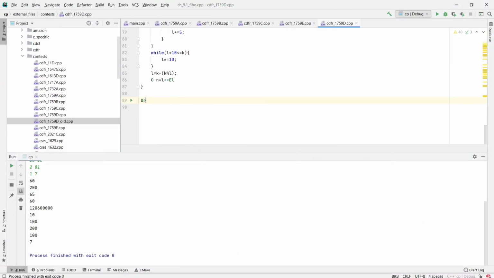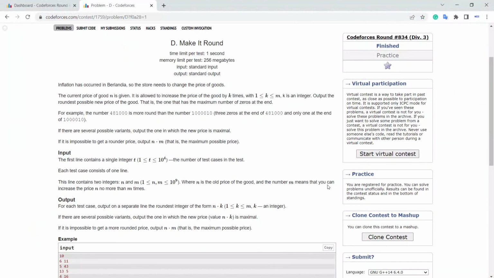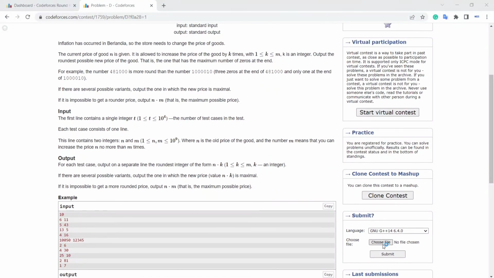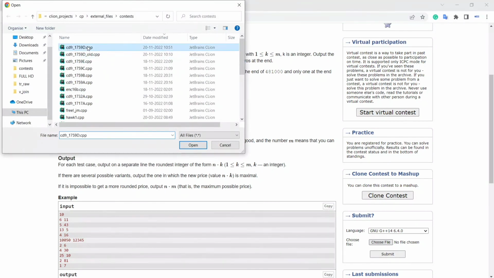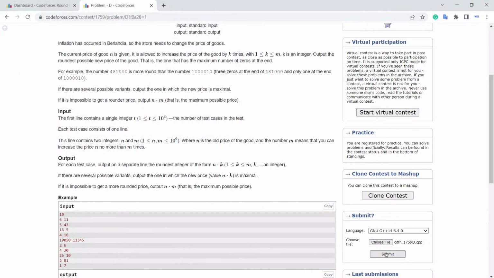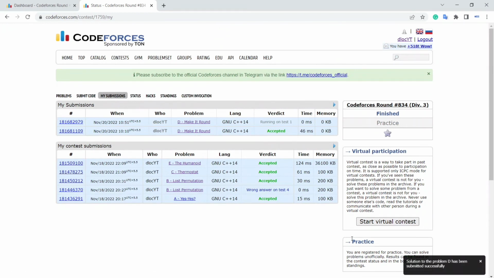Let's submit the solution and see if it accepts or not. Oh, it is accepted.